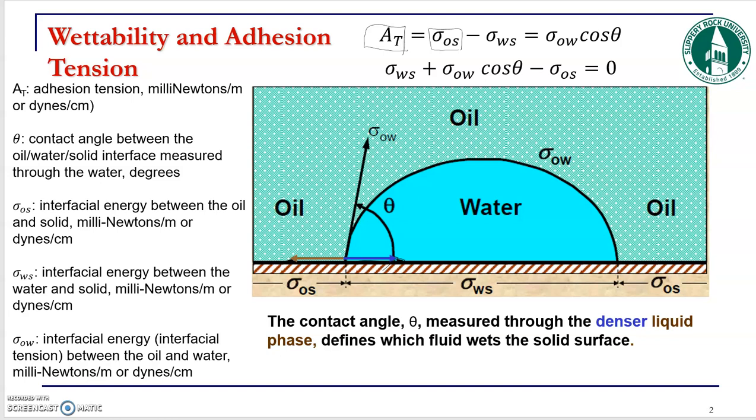Theta was called contact angle. And remember, we always measure theta toward the denser liquid. It's always through the denser liquid. So water is denser than oil. So in this case, this is your theta. So that's called contact angle.